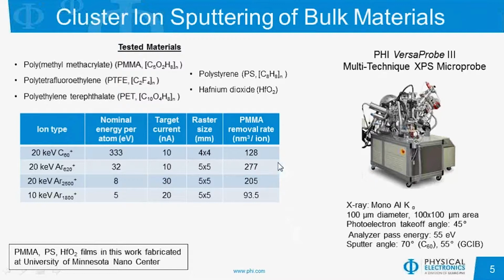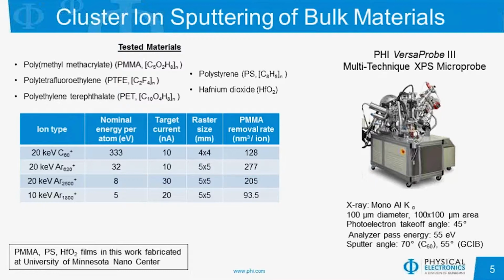The 3 of those in general, if you compare to C60, even though the C60 has the highest eV per atom, we do see that it is not quite as efficient at removing PMMA, but it's within an order of magnitude. So we'll do some comparisons of those different settings.